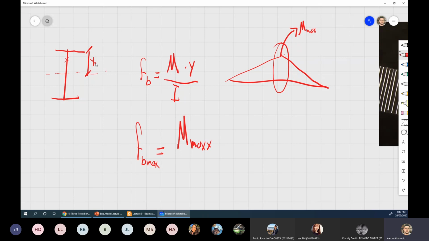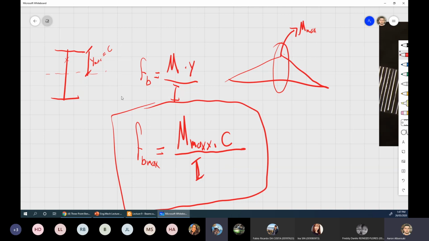So that Y max, or what we call C, the distance to the centroid. So multiplied by C divided by I value, moment of inertia. Right, guys? Can you just keep in mind this is the maximum bending stress in a beam?